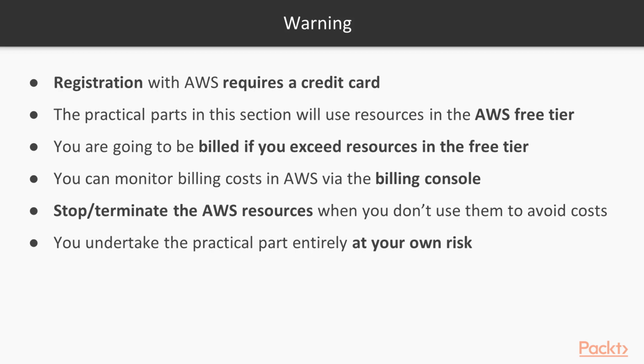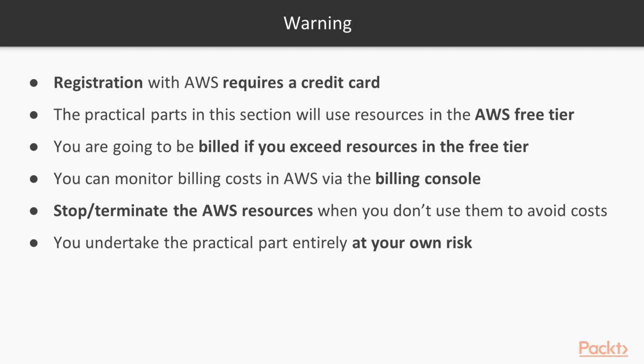However, I need to warn you about a few things before we proceed with AWS. Registration to AWS requires a credit card, even if you don't go over the free tier. The practical part in this section will use AWS resources within the free tier. However, your credit card is going to be billed if you exceed the resources in the free tier.